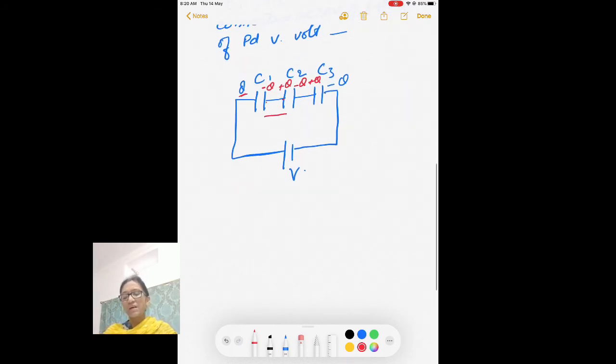So the first thing we find is that the charge on each capacitor's positive plate is the same, plus Q.